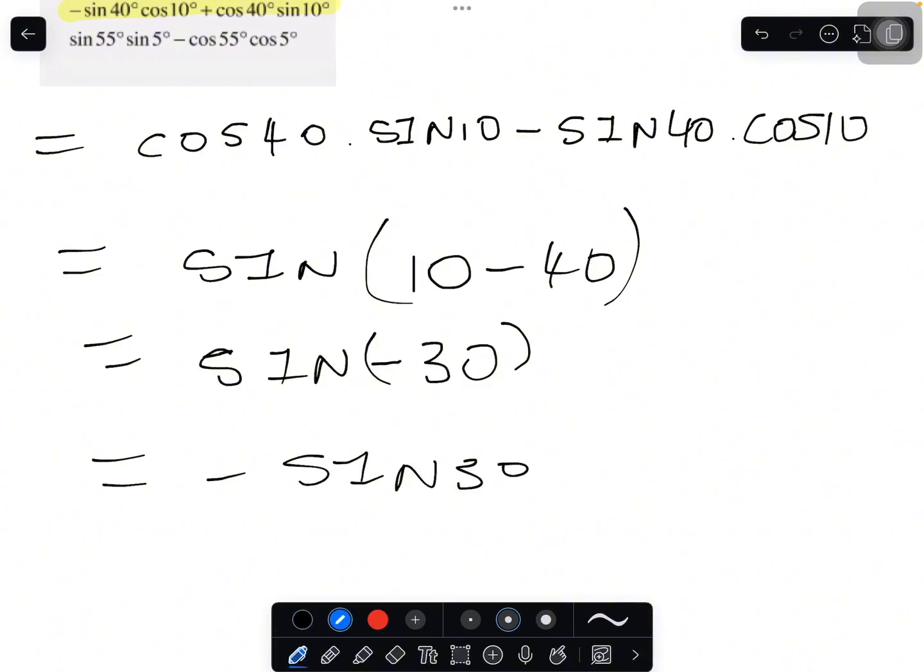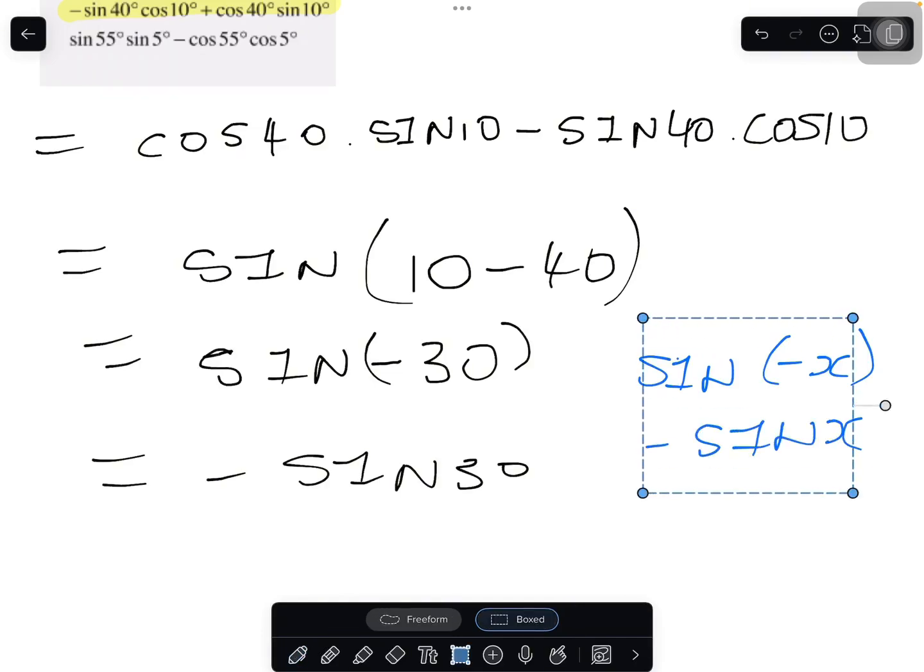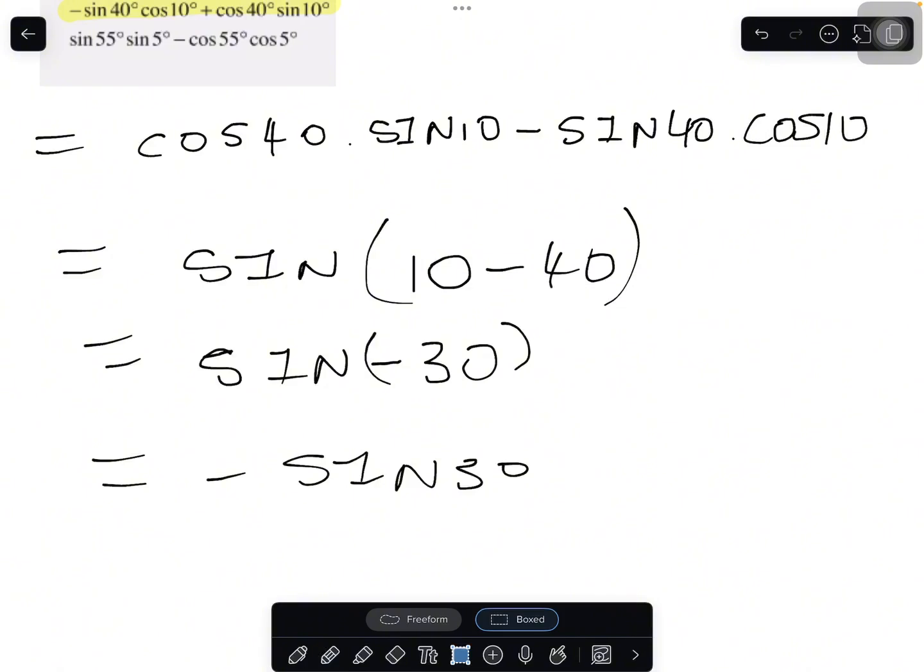The reason for that is, sine of negative x is just negative sine x, so we're using that same principle. And then we know the sine of 30 is a half, so I'll then get negative a half.